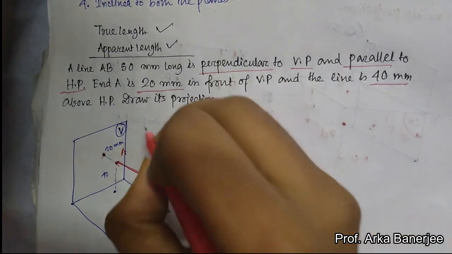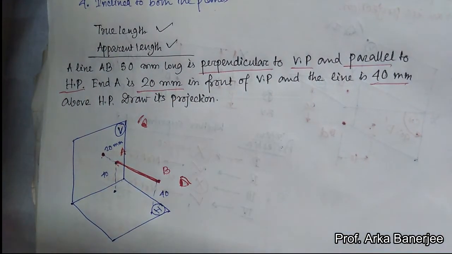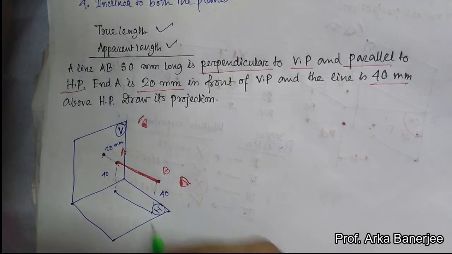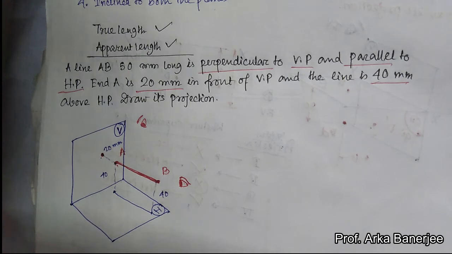If the observer observes from the top, then it will look like a straight line, and its length will be the true length. So these two things we have to understand, and we need to draw the projection in our actual manner.